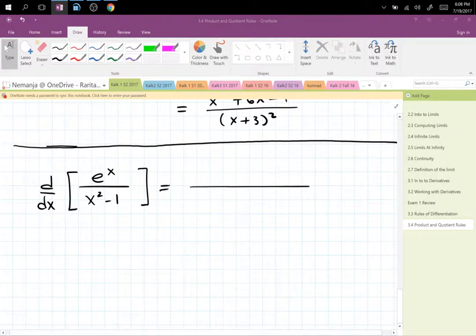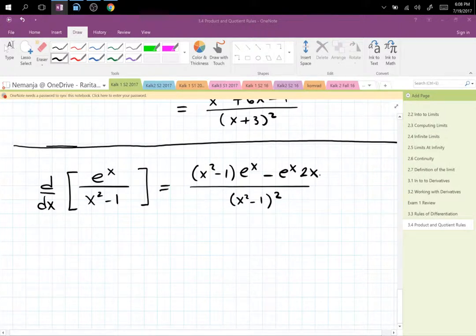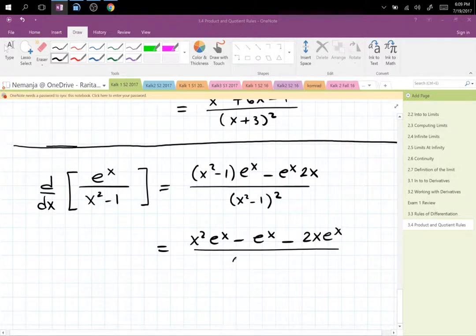So we take the denominator and square it. Then we copy it as is. The derivative of e to the x is e to the x, minus copy e to the x and then 2x. So what can we do here? We have x squared e to the x minus e to the x minus 2x e to the x, divided by x squared minus 1 squared.